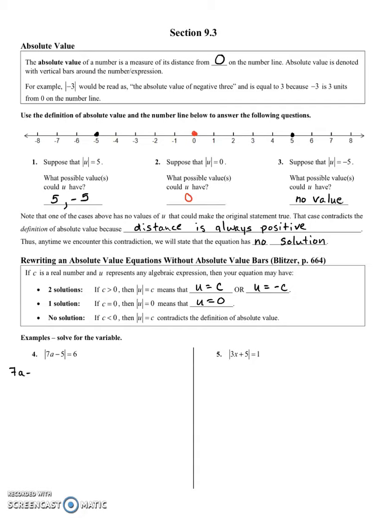We have 7a minus 5 equals +6, or we have 7a minus 5 equals -6. Now we solve both of these. On the first one, add 5 to both sides, we get 7a equals 11. Then divide by 7, so we get a equals 11 over 7.